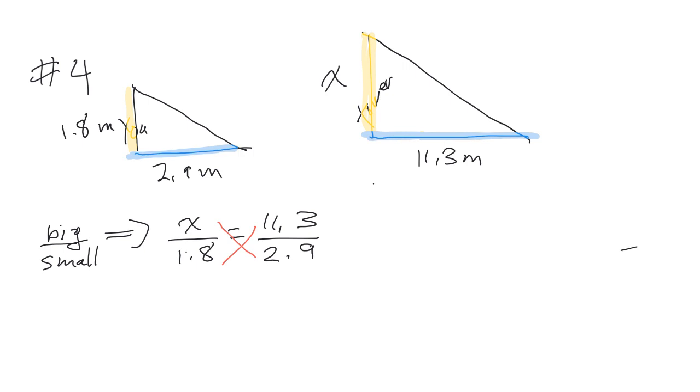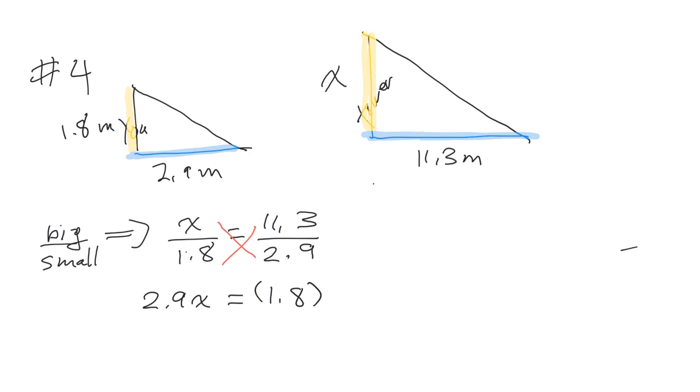When we cross multiply, we're going to have 2.9 times x, which is just 2.9x, and then 1.8 times 11.3. Every time you do your cross product, it helps us put the numbers that need to be together.